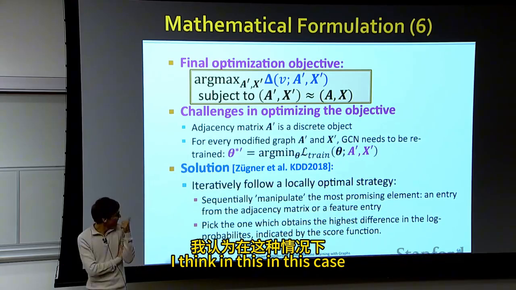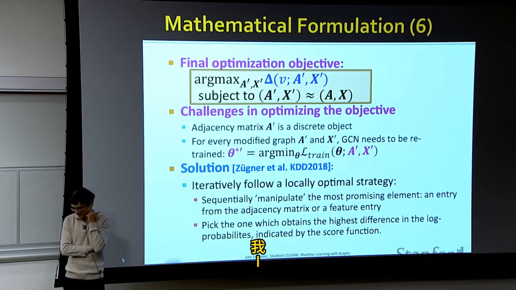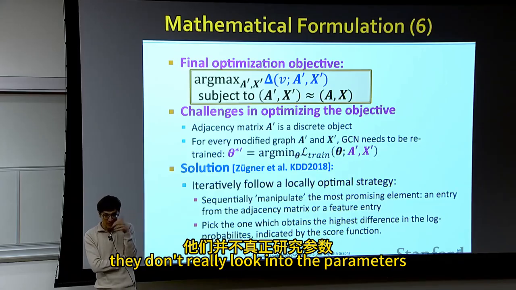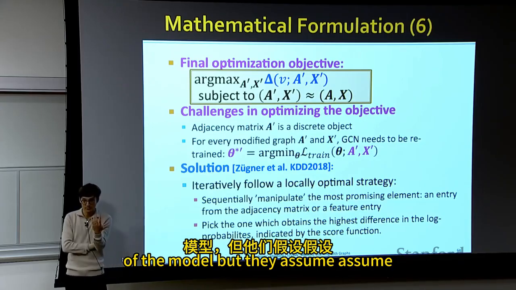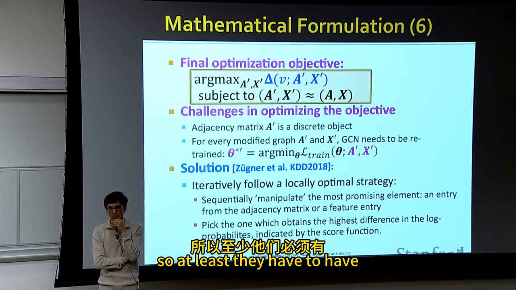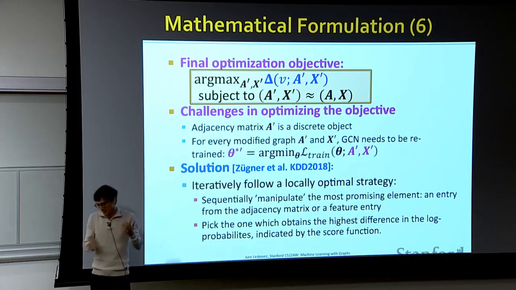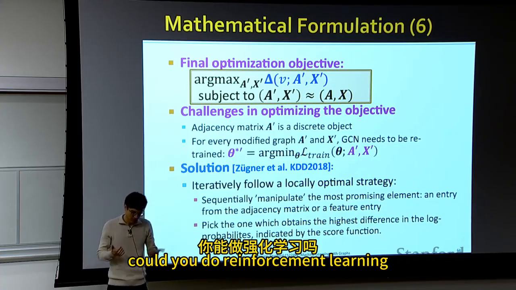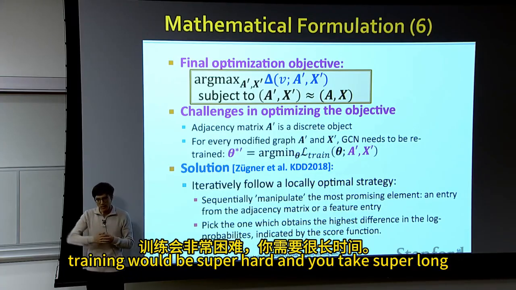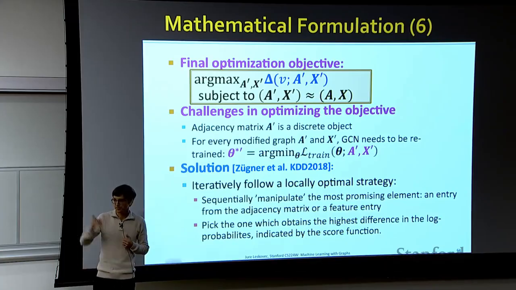In this case, I would need to check the paper, but I think they don't really look into the parameters of the model, but they assume they know what model you are training. Could you do reinforcement learning to learn the attack strategy? I think training would be super hard and it would take super long.